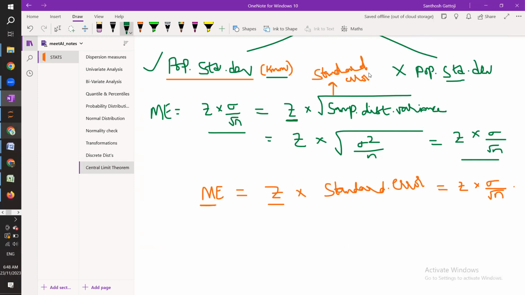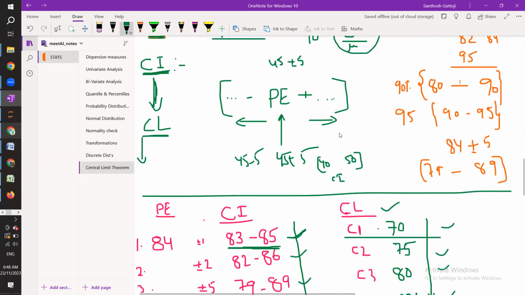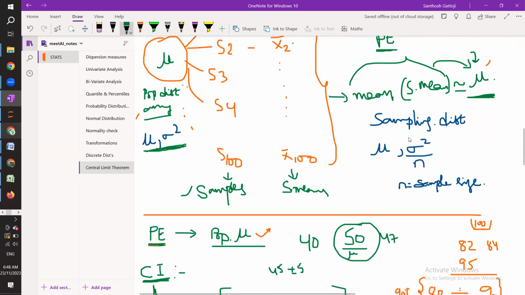Now what is standard error? Standard error is the square root of the sampling distribution variance. Now, what is the sampling distribution variance? If the population distribution variance is sigma squared, the sampling distribution variance is sigma squared by n.